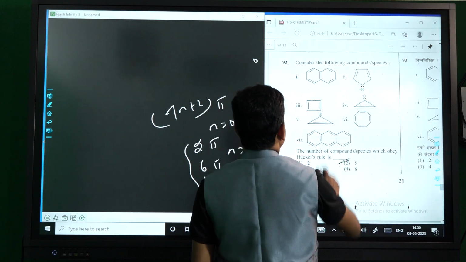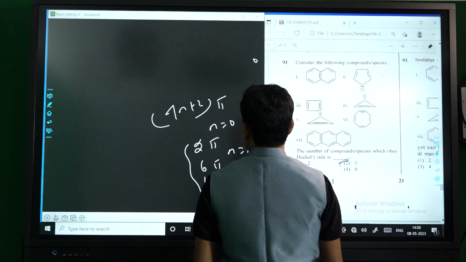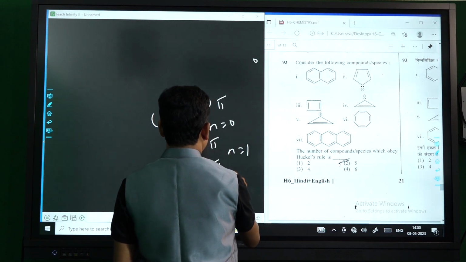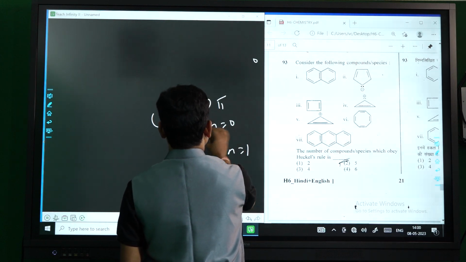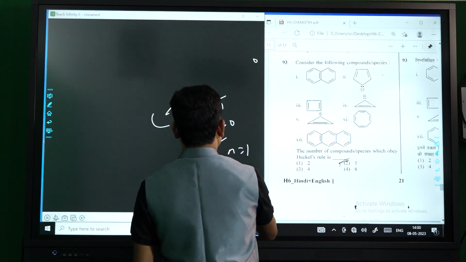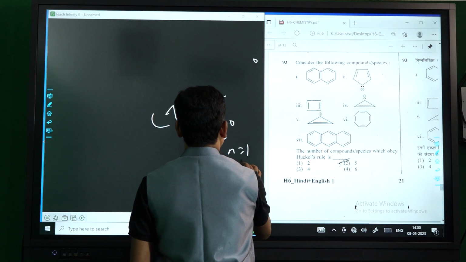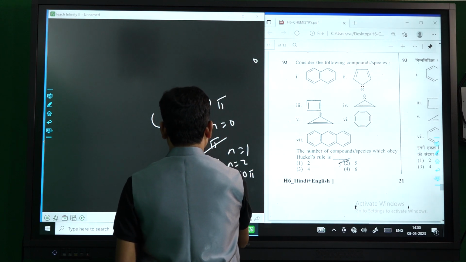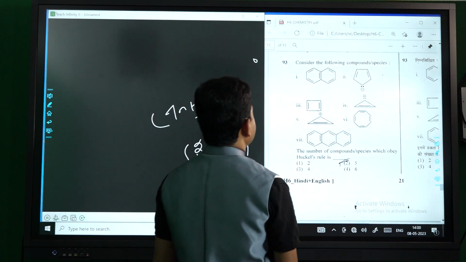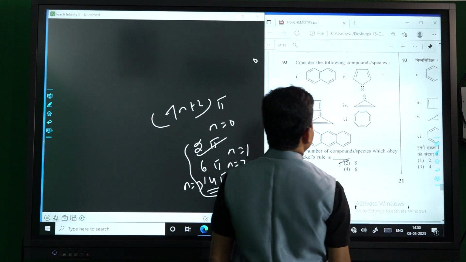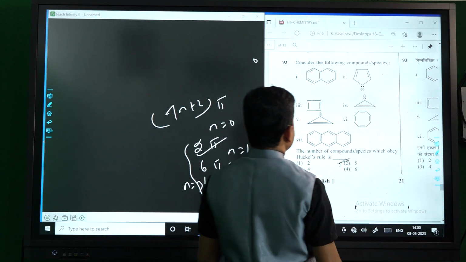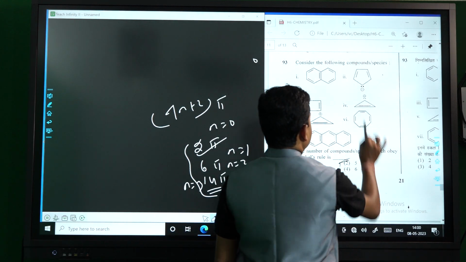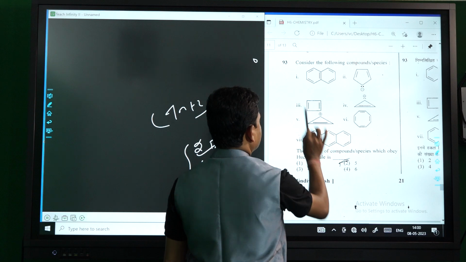N equals 0, you get 2 pi. N equals 1, 6 pi. N equals 2, you get 10 pi. N equals 3, you get 14 pi. So 10 is correct, 6 is correct, 4 is incorrect, 2 is correct, 8 is incorrect, 14 is correct.